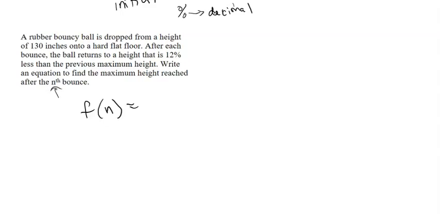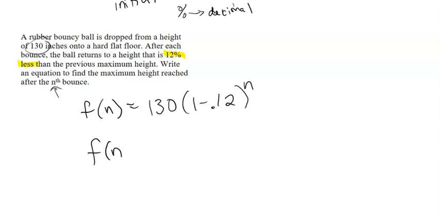So we want to start with our initial amount, which is 130 inches. That was the highest bounce. And then we're going to say 1, since this is a 12% less than, that means that the height is decreasing each time. We're going to do 1 minus 12%, which is 12 hundredths, so 0.12, to the nth power, however many bounces that is.